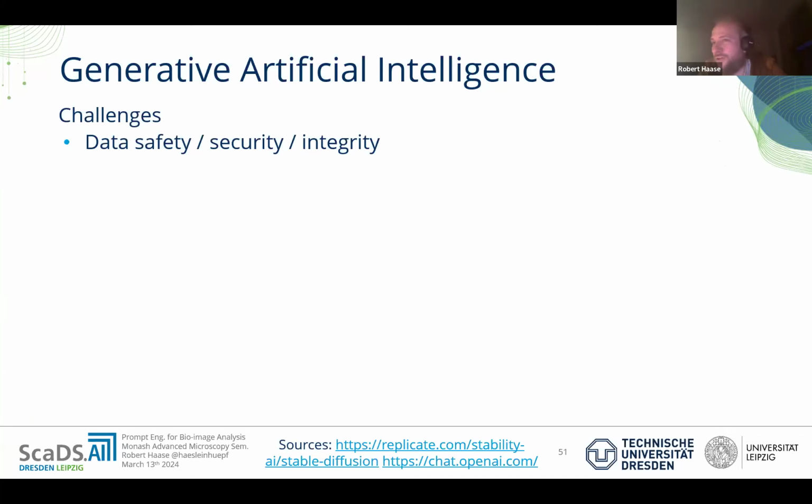So I spoke already a bit about data integrity. Also, we don't want to upload everything to the server. Uploading microscopy image data to OpenAI is technically not possible anyway, because you are limited to a certain amount of data. You cannot upload a 50 gigabyte data set and analyze it on their server, so you have to run this locally anyway. But I would also like to highlight that if you work with patient data, for example as a physician wanting to let ChatGPT write an email to a patient telling them about their disease, never ever enter patient names and diseases in ChatGPT prompts.